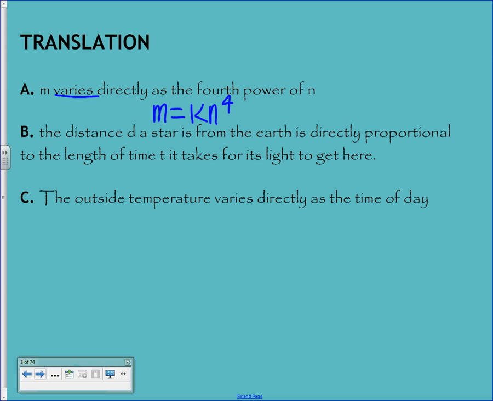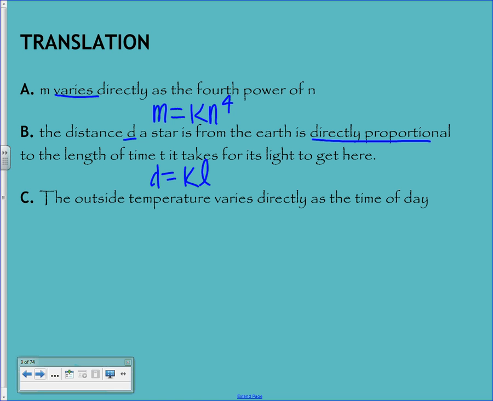Pretty straightforward. Part B, the distance d a star is from the Earth is directly proportional to the length of time it takes for the light to get there. So d varies or directly proportional, either one, equals k, the length of the time it takes to get there. So k times L. That's it.